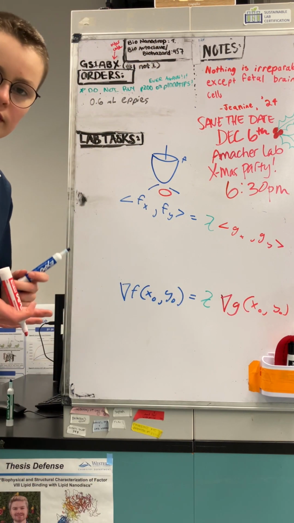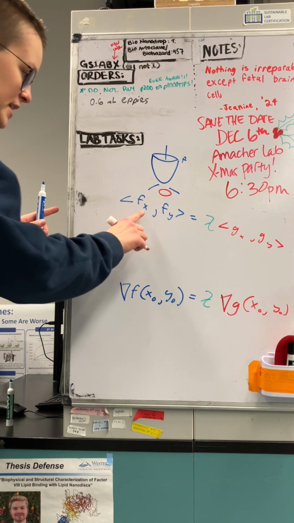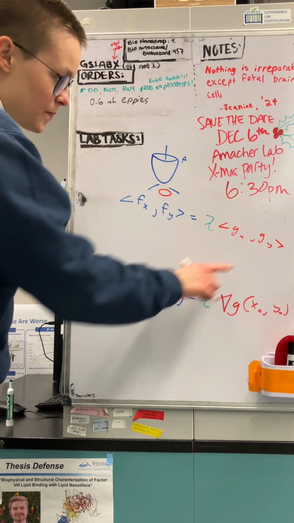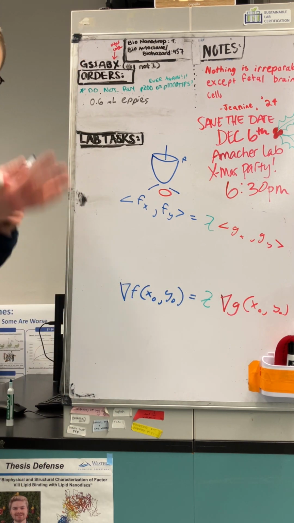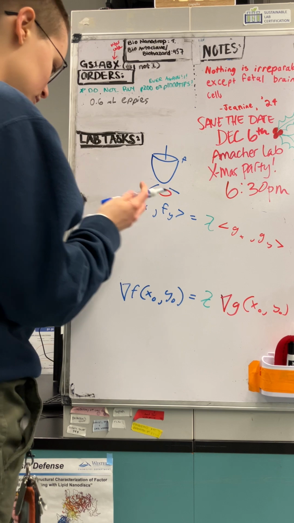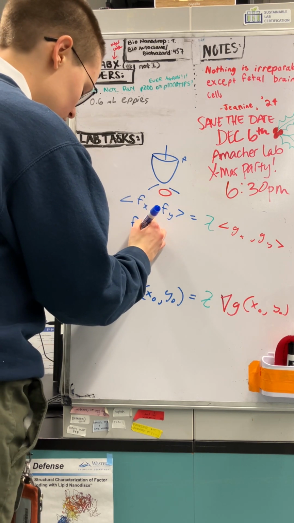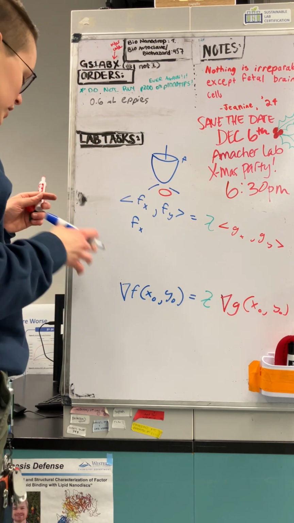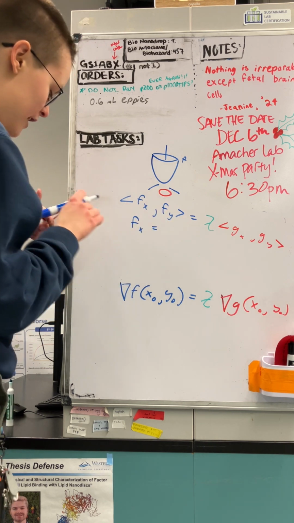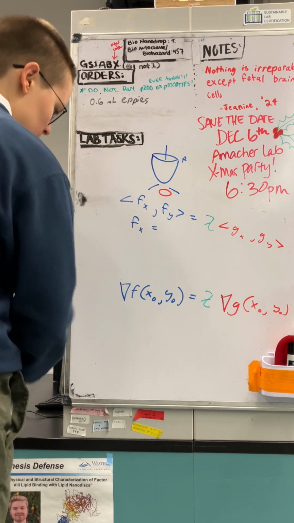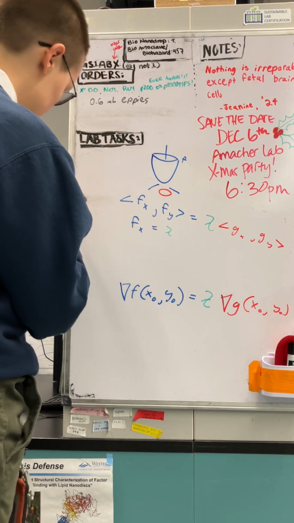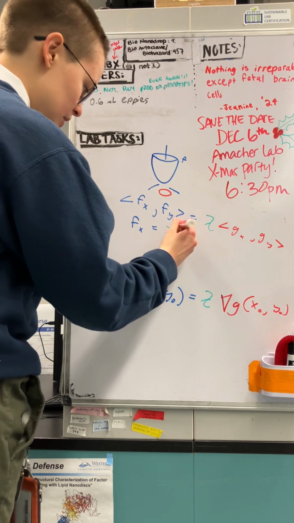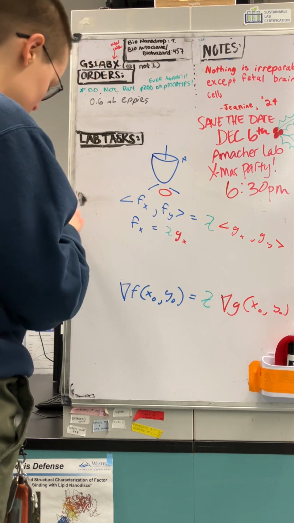And what I can do is make a system of equations by setting these components equal. You can also think, like vector stuff. We love vectors. So the x component of the f gradient is going to be equal to the multiplier times the x component of the g gradient.